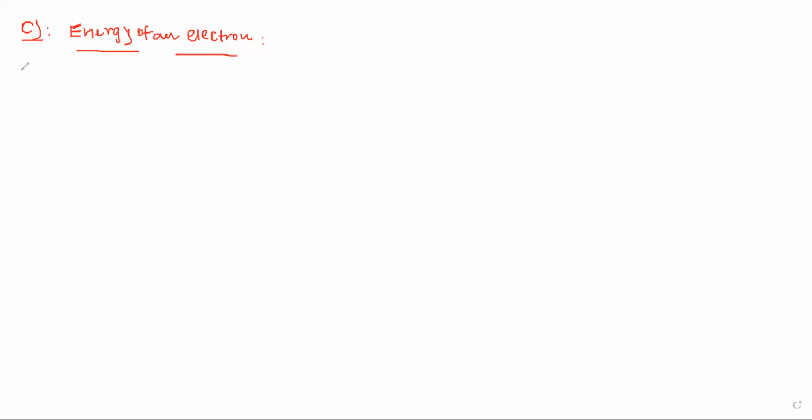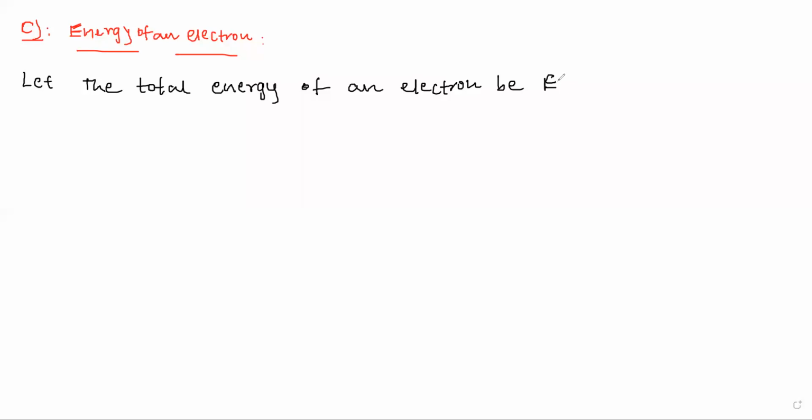Let the total energy of an electron be E. It is the sum of the kinetic and potential energy.